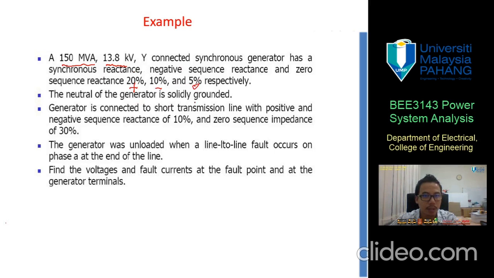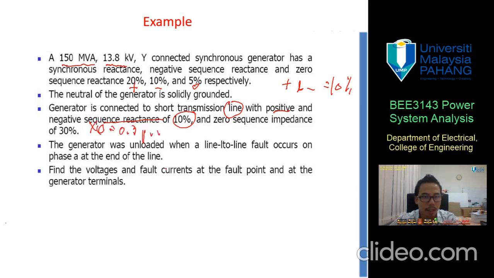The neutral of the generator is solidly grounded, and the generator is connected to a short transmission line. The transmission line has positive and negative sequence reactance of 10%, and zero sequence impedance XL0 is 30%, 0.3 per unit.